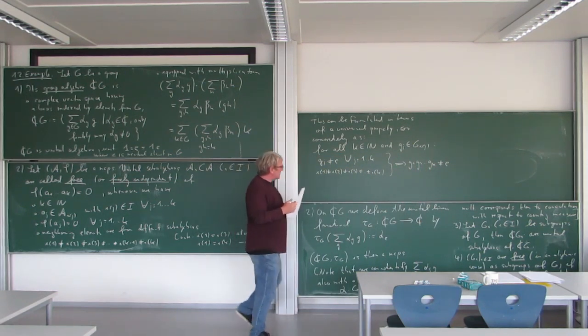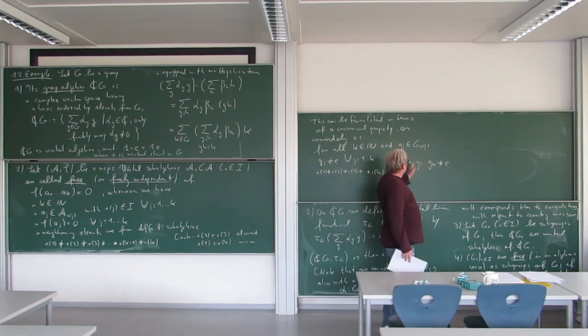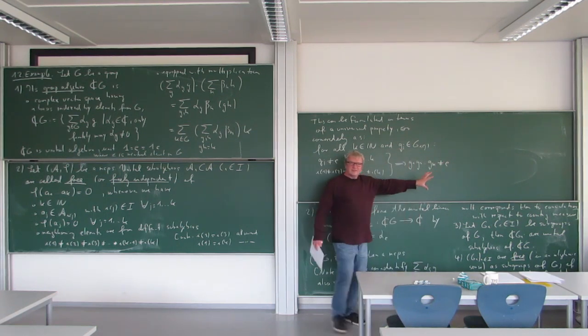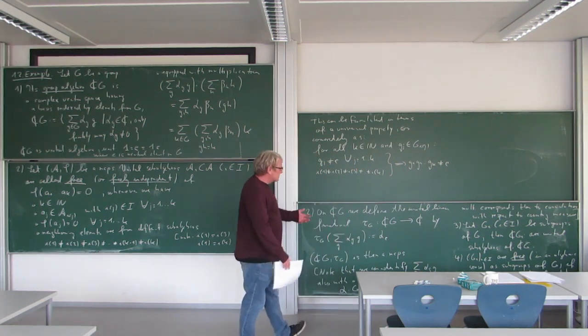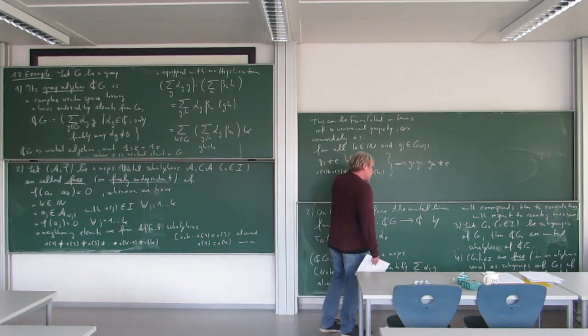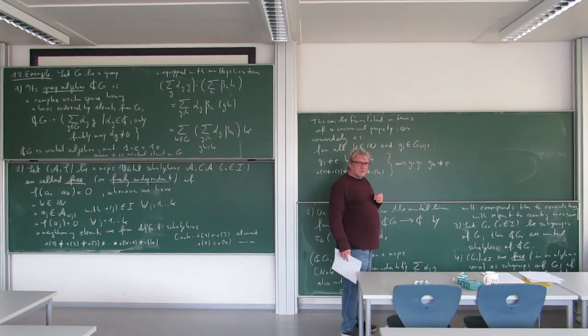So this says if I multiply elements coming alternatingly from different subgroups, and each of them is not a neutral element, then it cannot be that the whole product is a neutral element. Okay, so this is a precise version of saying what it means that the subgroups don't have non-trivial relations.